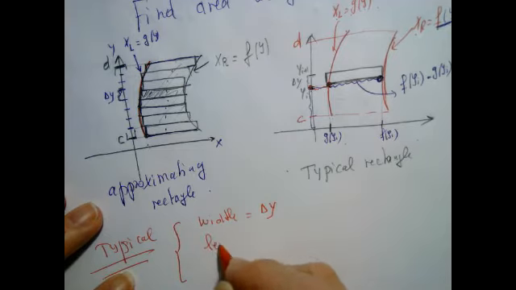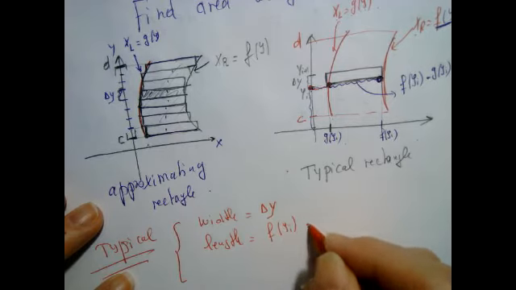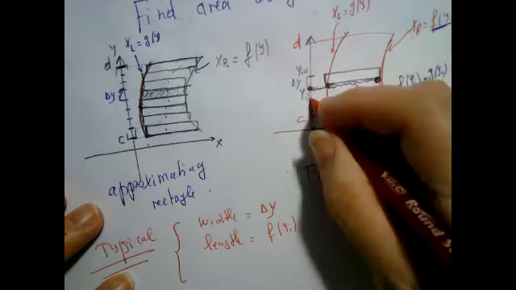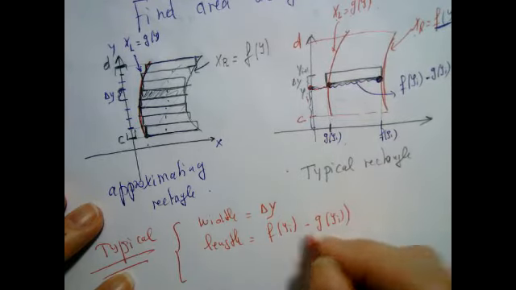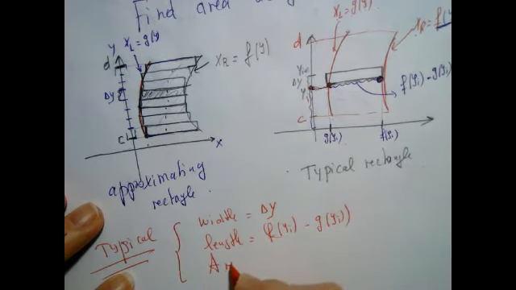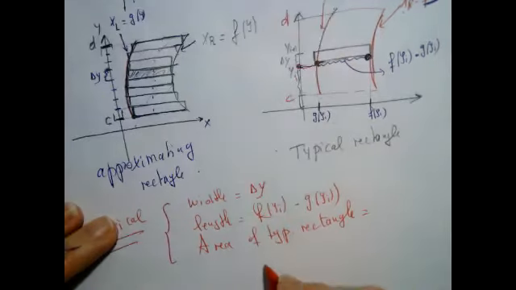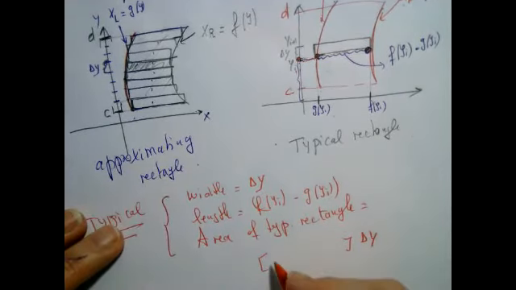The length, or the height, whichever you want to call it, is the right function minus the left function. The right minus the left. So the area of a typical rectangle is the product. That's the width, and this is the height.